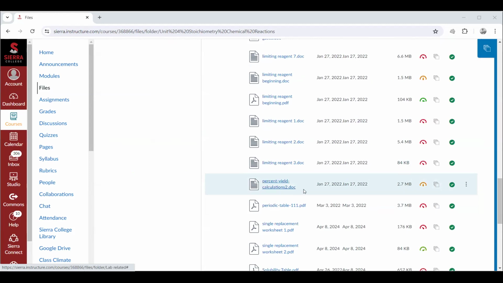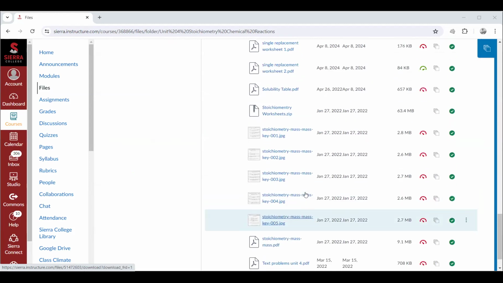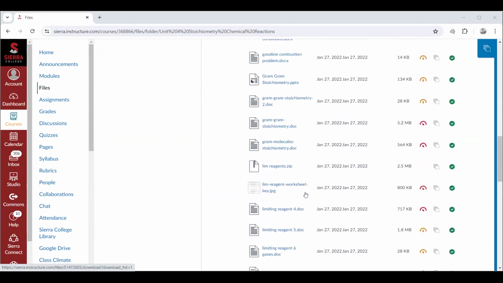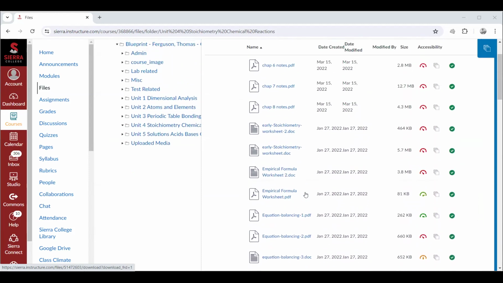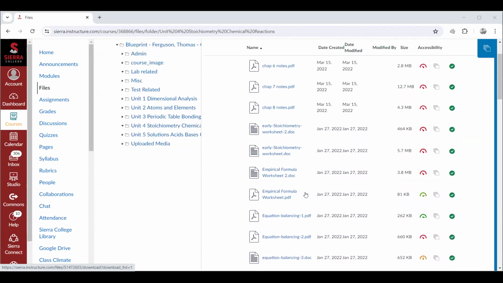But you can see there are a lot of worksheets here. I also printed off the dry lab. The answers are on there, but there are quite a few of them, so it's a pretty long packet, and they're in the lab right now. If you'd like to pick one up instead of printing it off yourself, that's fine.